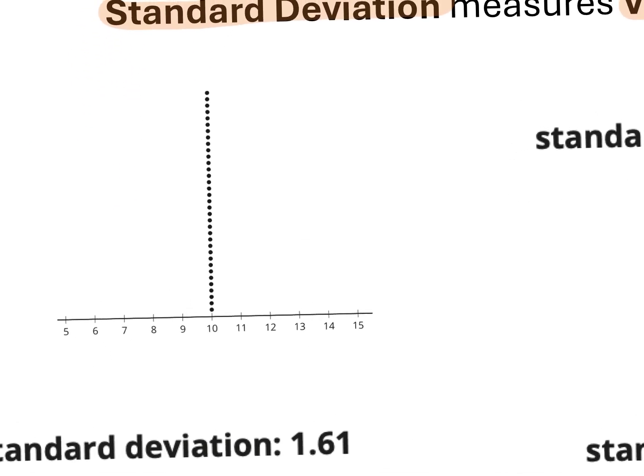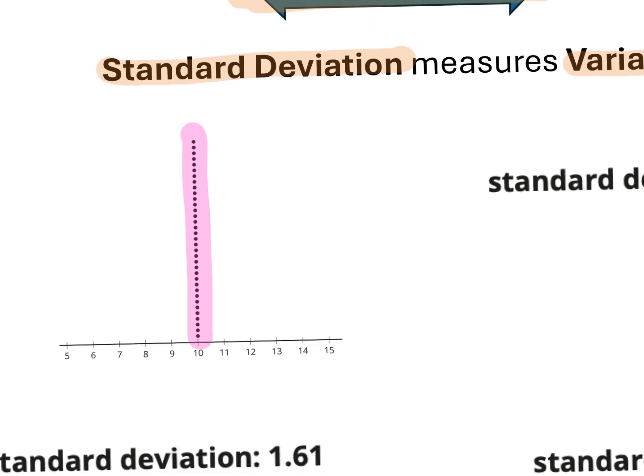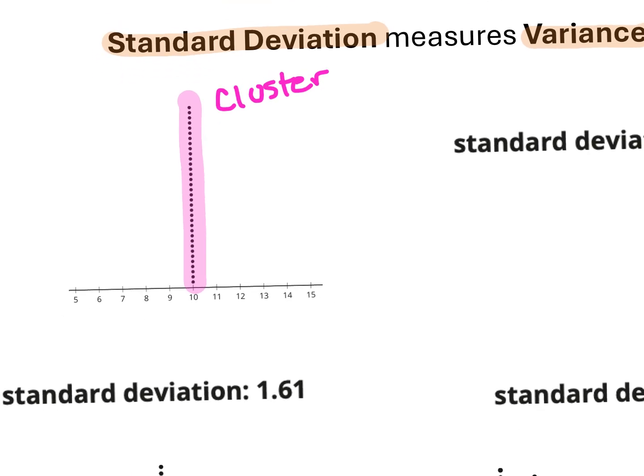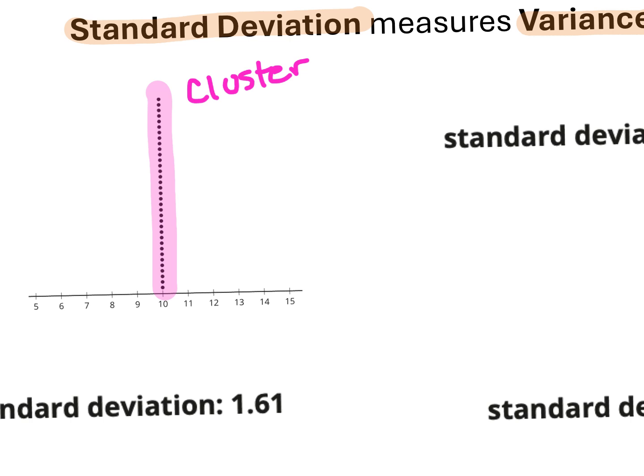So in the example that I have here, I can look at my data, and all of our data is grouped together right here in the center, stacked on top of each other. When we have data that is closely grouped together like this, we call it a cluster. And because that cluster is all stacked together on top of each other, that means that we don't have any spread in our data because it's not spread out.